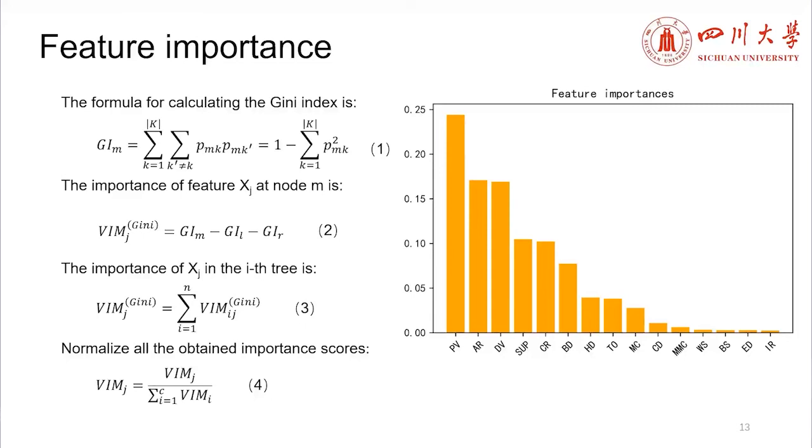Then, we get the importance of xj in the i-th tree. The calculation formula is as Formula 3. Finally, normalize all the importance scores as Formula 4. So, we can get the result.